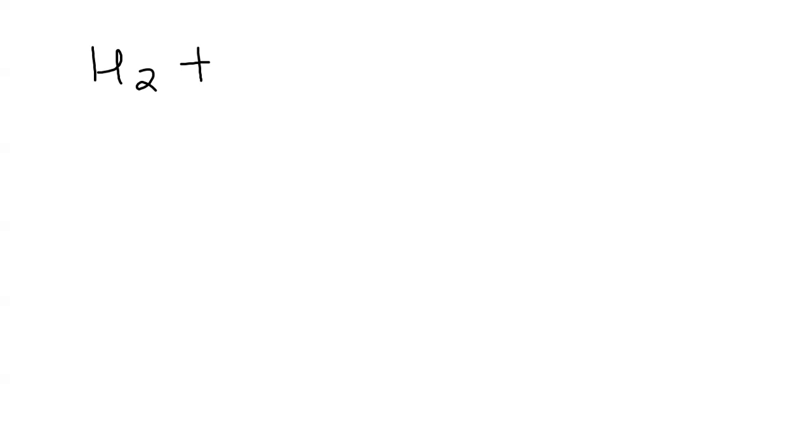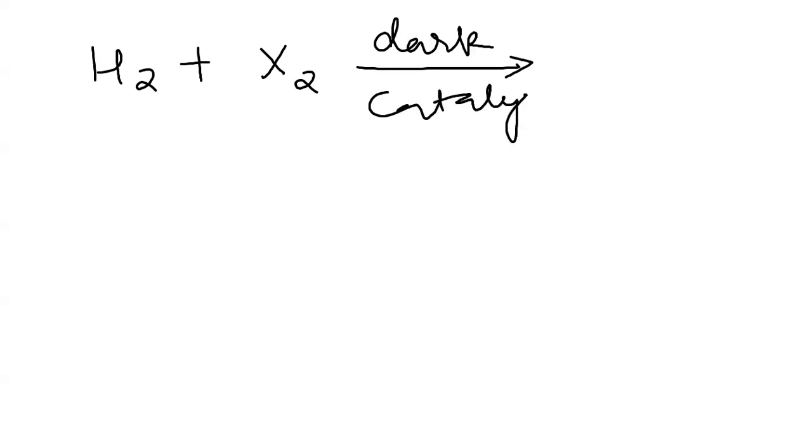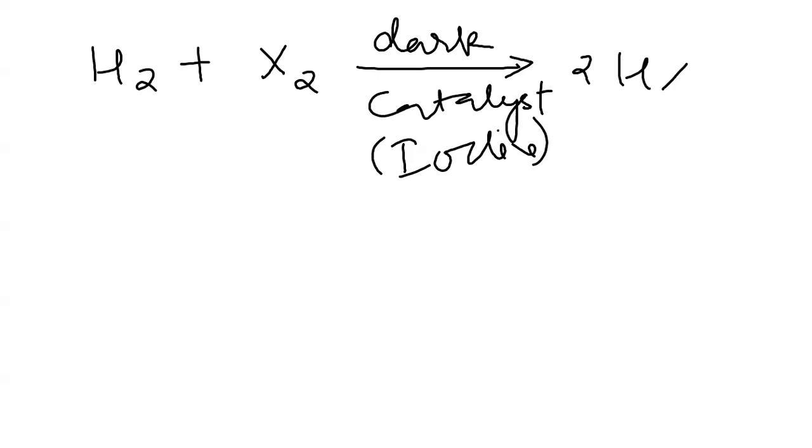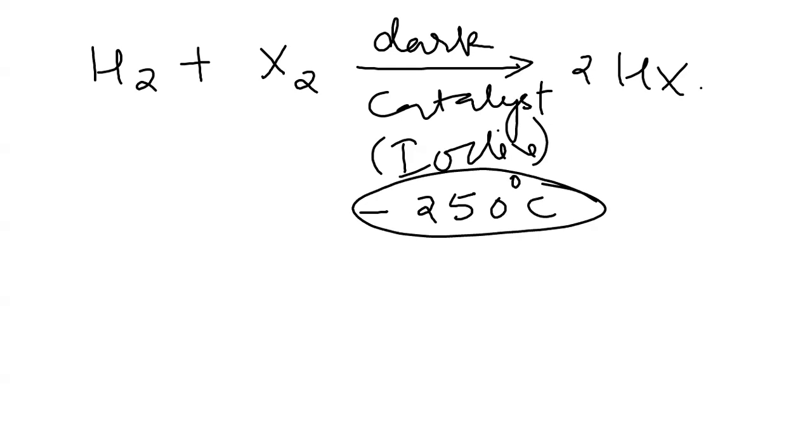When it reacts with a halogen in dark, in the presence of a catalyst, when iodine is there, it forms HI, and here it is at 250 degrees centigrade.